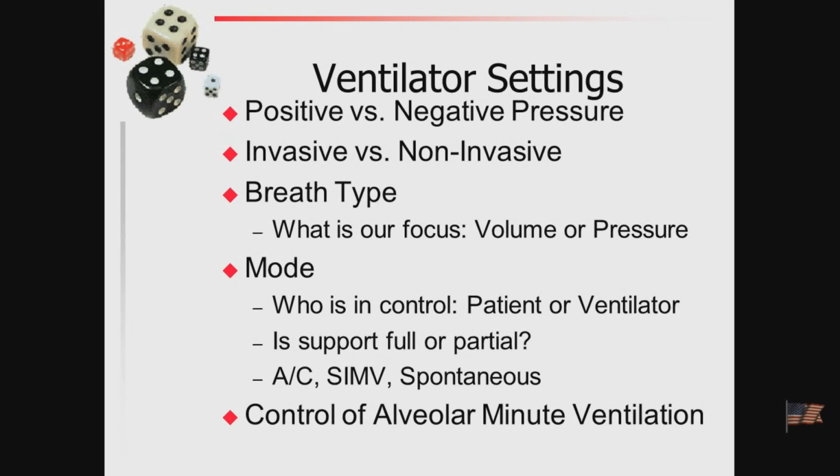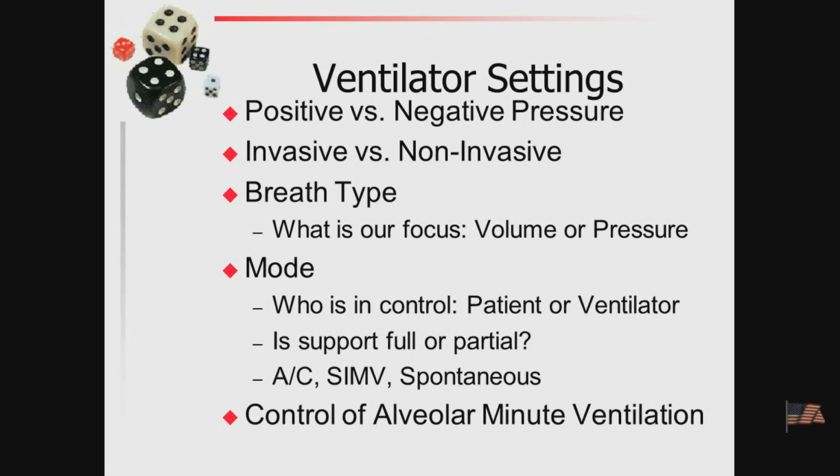When you focus on a volume-based breath, the pressure required to deliver that volume varies on a breath-by-breath basis based upon lung mechanics. What's the airway resistance? What's the lung compliance? As the lung compliance goes down, the lung gets stiffer. To deliver that same volume is going to require more pressure.